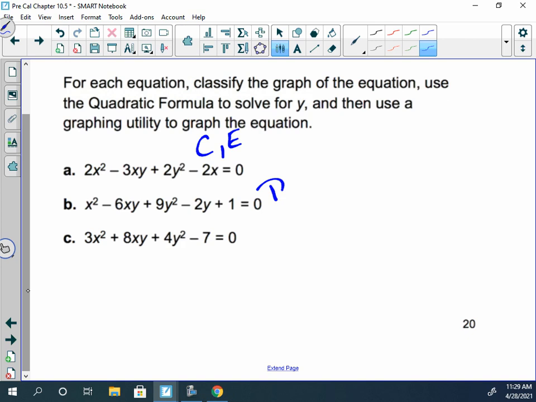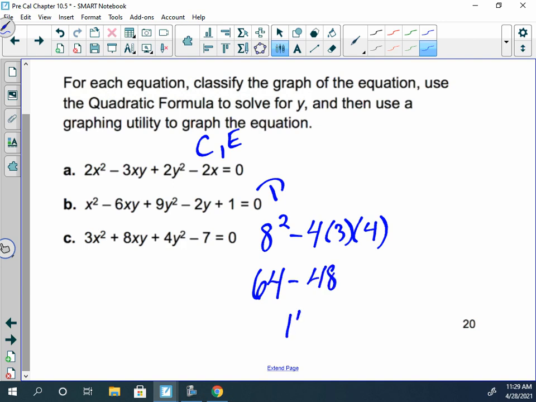Parabola is equal to 0. Hyperbola is greater than 0, which most likely, so 1248. So this here would be a hyperbola.